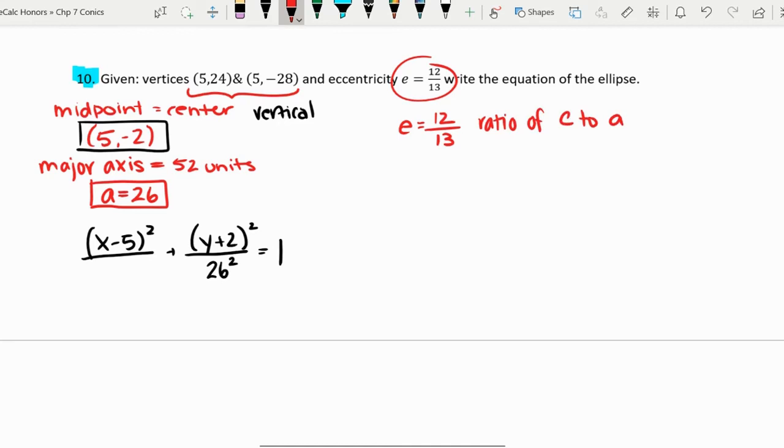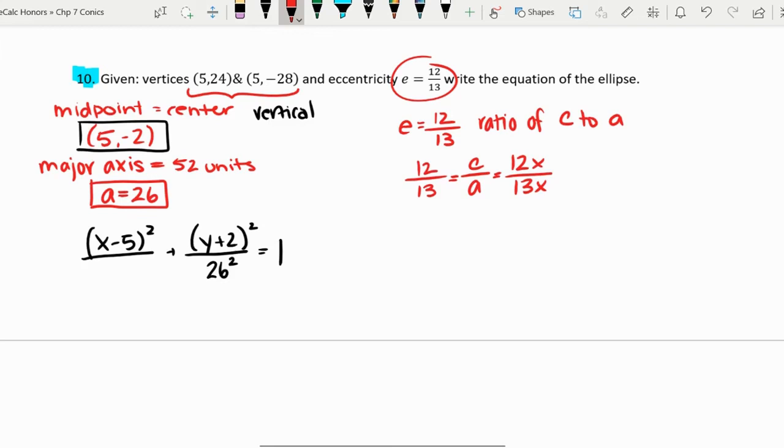But what we can say about this, since it's a ratio, is that c and a are going to be 12 times something and 13 times something. That x might be 1, might be 2, might be 1.5, but we can't assume that c and a are just 12 and 13.